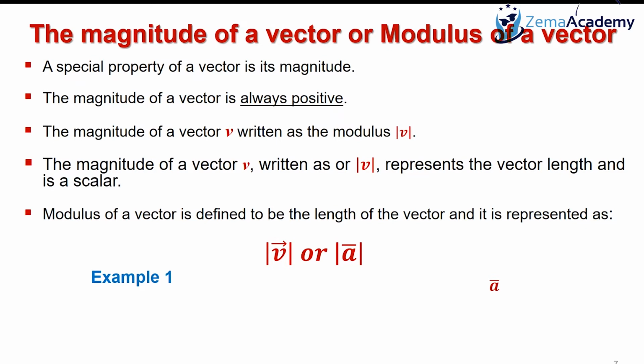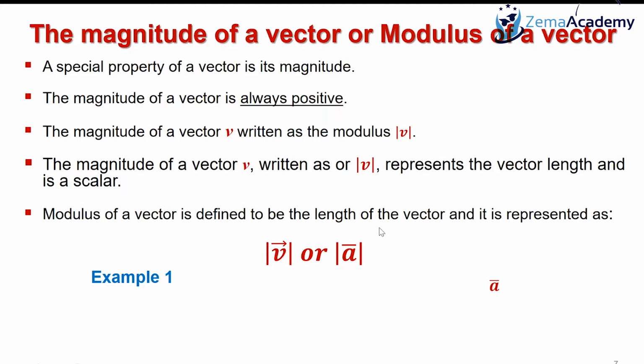The magnitude of a vector can be written in bold, or it can be written with the modulus sign, the absolute value, because this needs to be always positive. The magnitude is always positive, so hence you will put it in terms of absolute value. This magnitude results in the length of the vector, and hence it is a scalar value.